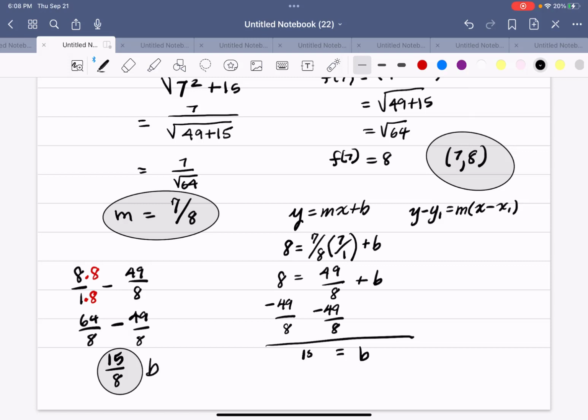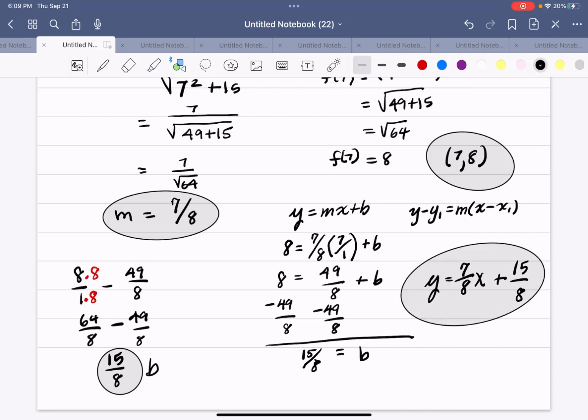So that's 15/8. And now writing the equation is easy. It's just y equals the slope times x plus the b value. So our answer for the equation of the tangent line to that function at the x value of 7 is y equals 7/8 x plus 15/8.